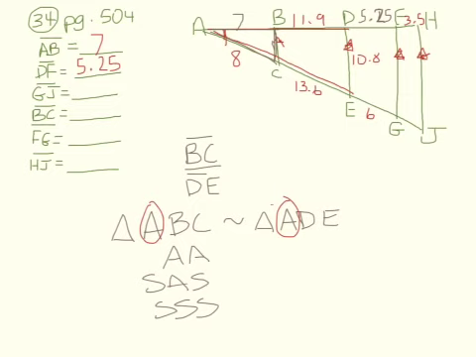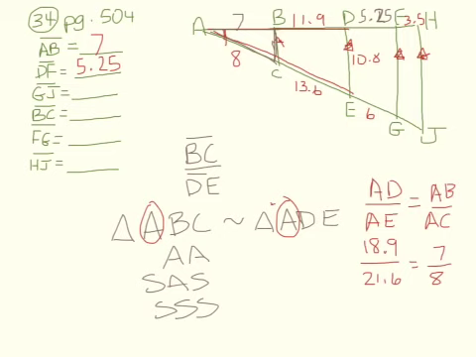So let's do that. I've got AD over AE, that should equal AB over AC. So AD is 18.9, remember I have to add 2 segments together there. And then AE is 21.6, again adding 2 segments, the 8 and the 13.6. And then AB is 7, and AC is 8.